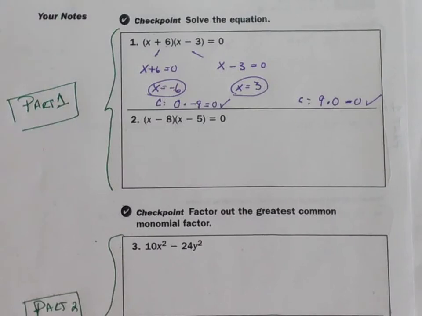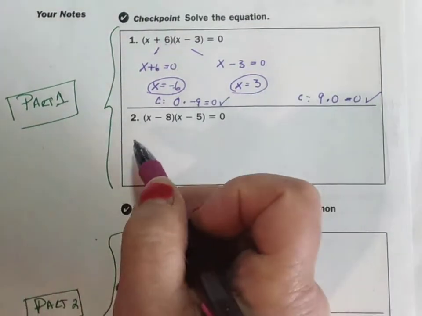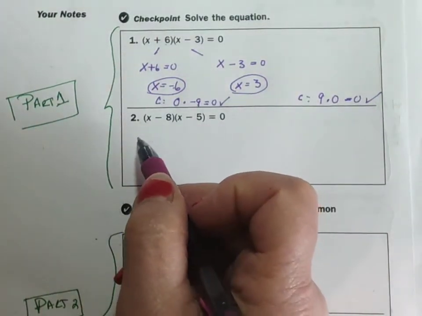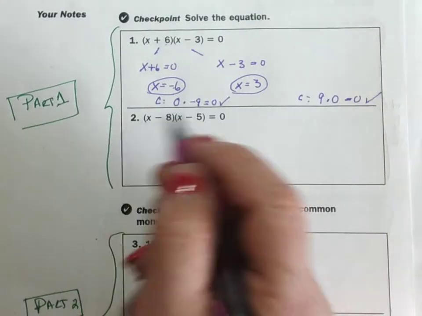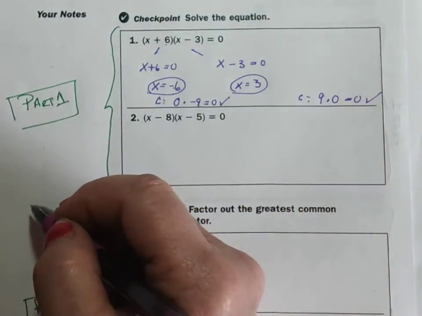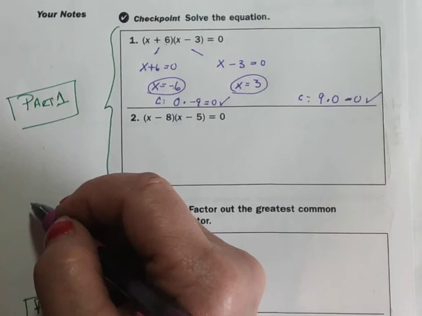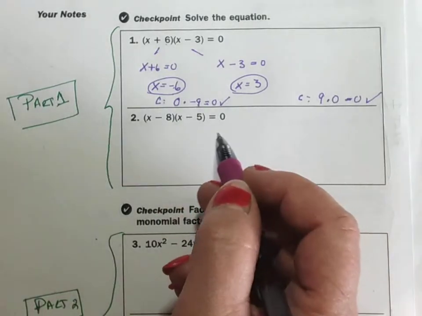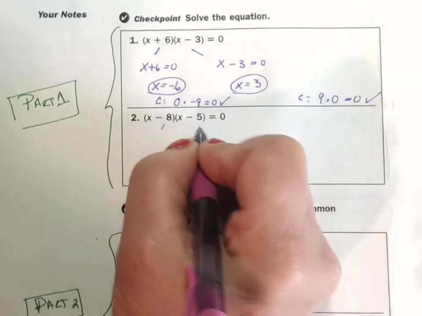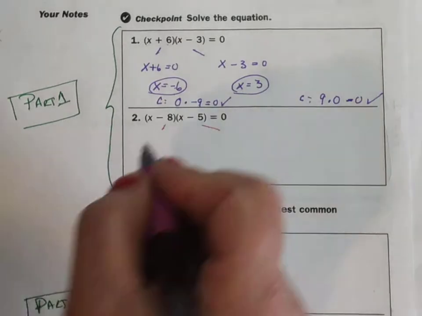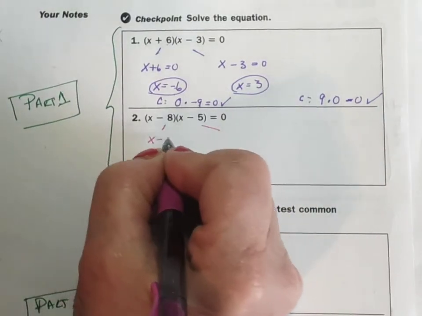So what I'd like you to do is pause the video, do number 2, and then start it back up and see if you got it correct. So pause it. And now I'm going to do it. And I'm just going to do it pretty much silently because it's pretty straightforward.